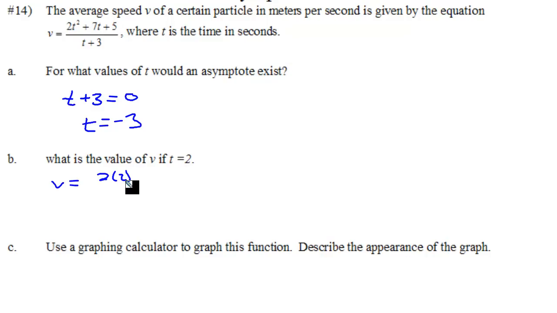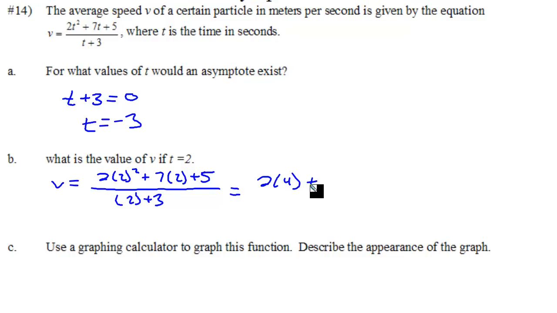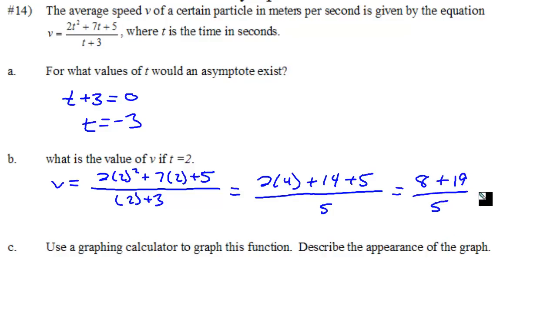Just replace the t's with 2's. Two squared is 4. That's 2 times 4. 7 times 2 is 14. On the bottom, 2 plus 3 is 5. Top, 2 times 4 is 8. 14 plus 5 is 19. 19 plus 8 is 27.